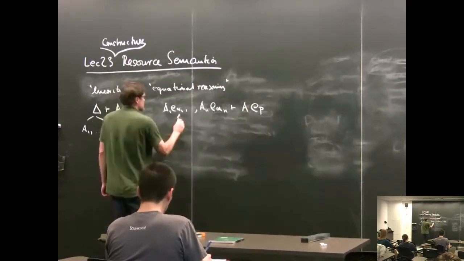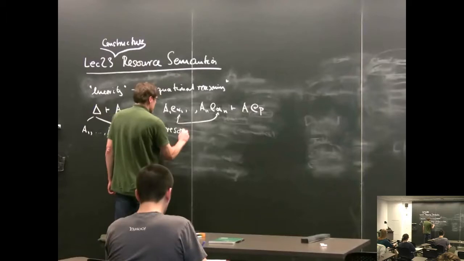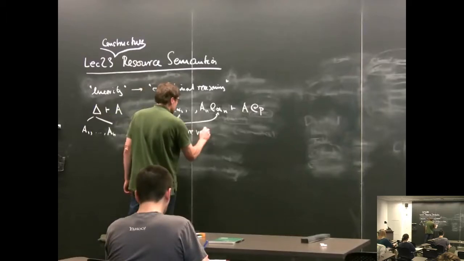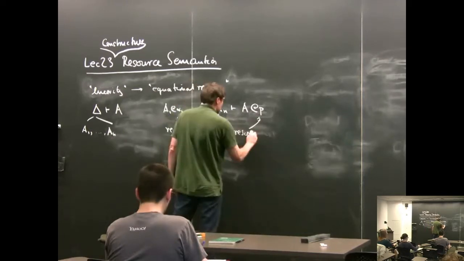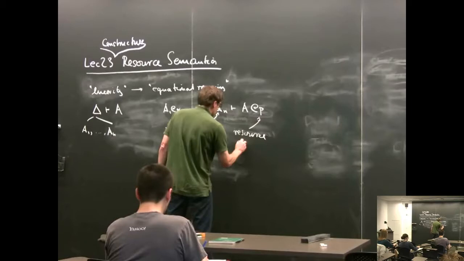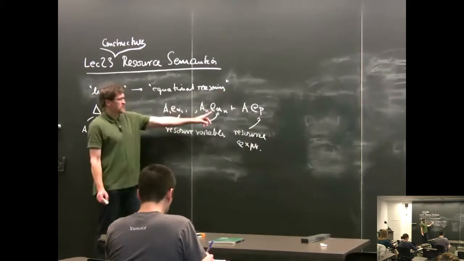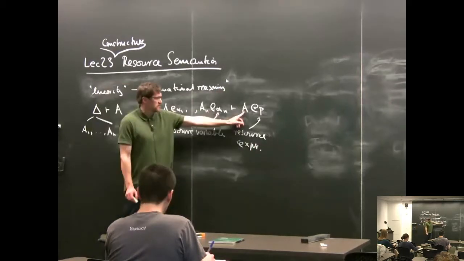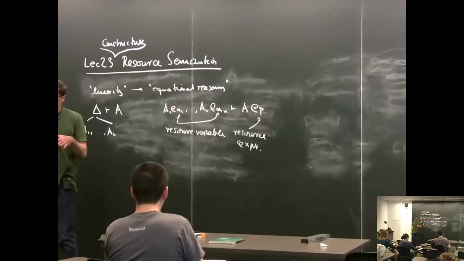And so these are variables. Let's call these resource variables. And this over here is a resource expression. If I have resources alpha 1 through alpha n, I can prove A using the resources in P. In order to be able to write down P, I need to say what P is.